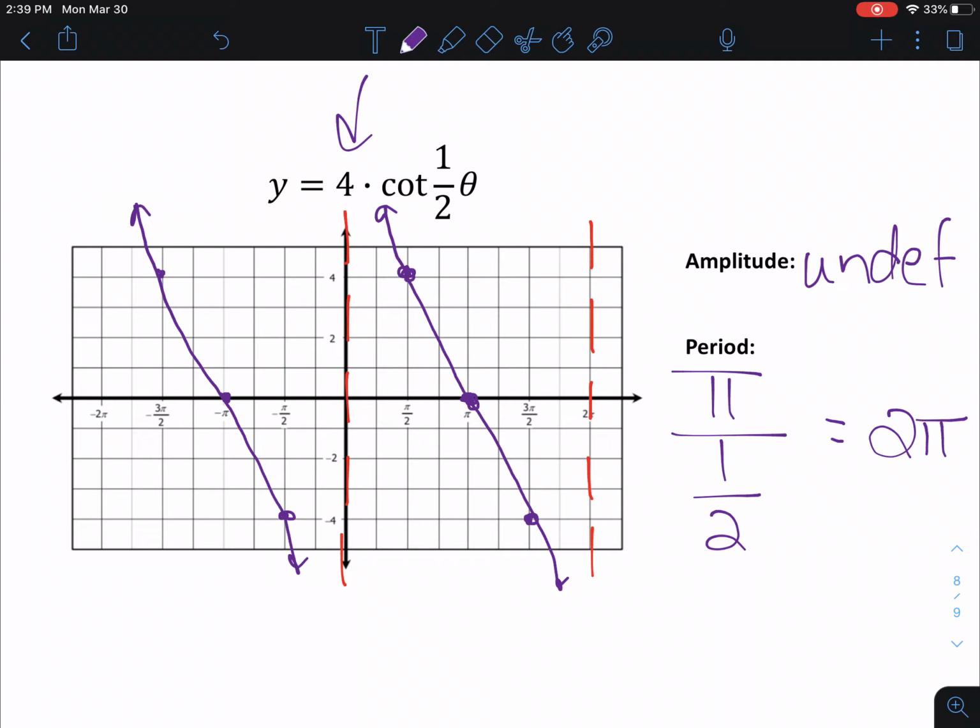I still need to sketch in one more asymptote line here. All right, we've got it. And that would be our y equals 4 times cotangent 1/2 theta. And that's an example of each of the different types changing their amplitude and period.